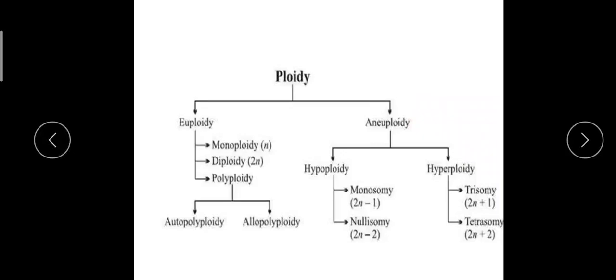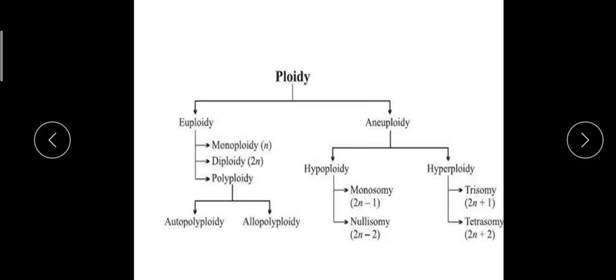So the ploidy, or the genomic level, is not affected in the case of aneuploidy. That is the basic difference between euploidy and aneuploidy. In euploidy, the numerical change involves the entire chromosome set, whereas in aneuploidy, it involves only individual chromosomal changes.